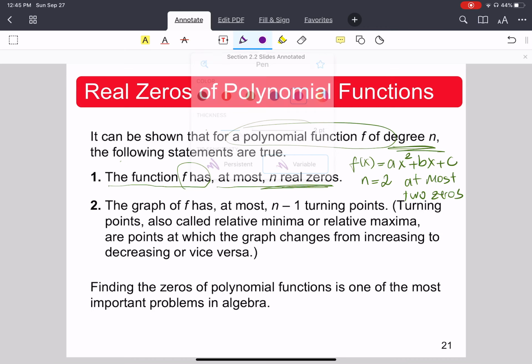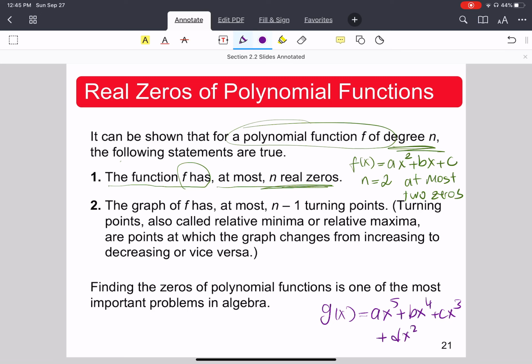Let's have another example. Let's say g of x equals ax to the fifth plus bx to the fourth plus cx to the third plus dx squared plus e. This is my fifth degree polynomial because n is 5. So this function has at most 5 zeros.